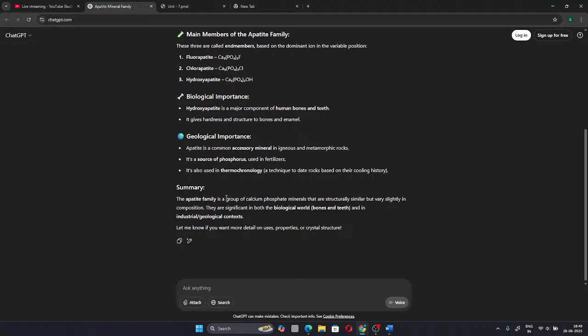Apatite family, I guess it is salts of calcium phosphate.